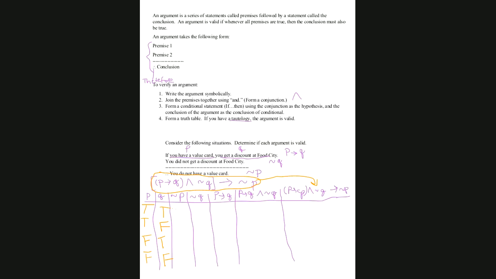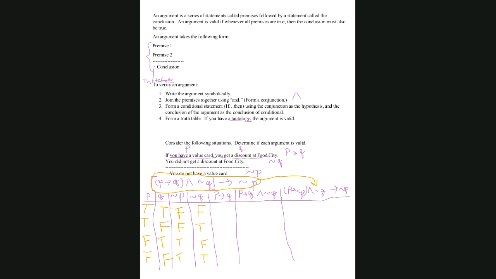So I have not P. Remember, not P is always the opposite of P. So if P is true, not P is false. So false, false, true, and true. Not Q. If Q is true, then not Q is false. So now I have false, true, false, true.